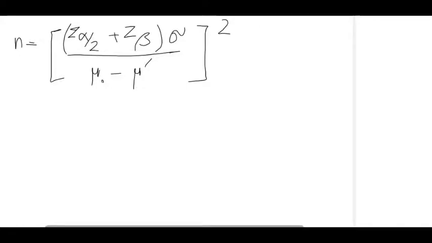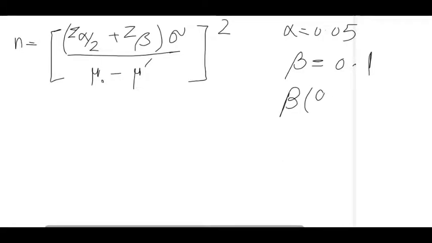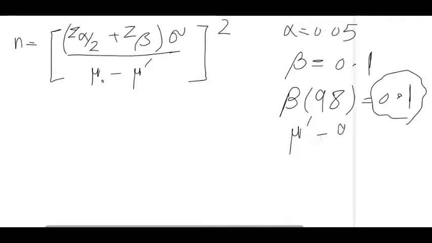So alpha is 0.05 and beta is 0.1 because we want beta for 98 equal to 0.1. So beta is 0.1 and mu prime is 98. Mu 0 is 100.